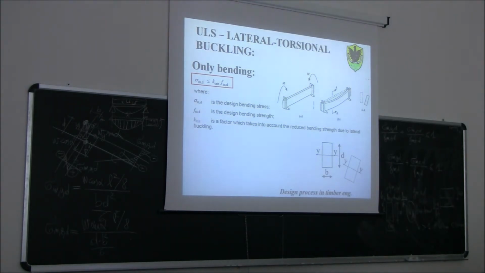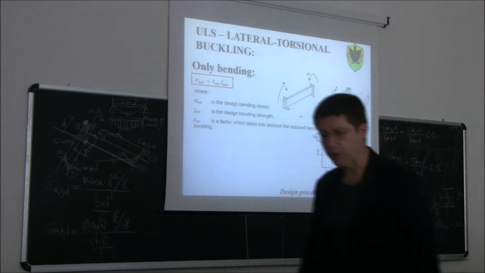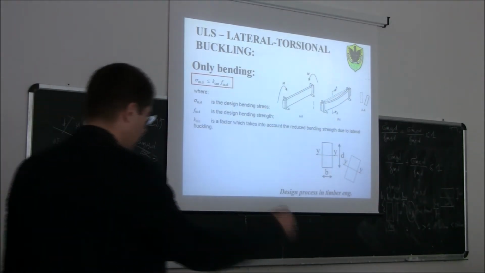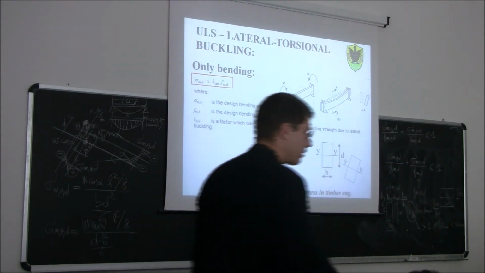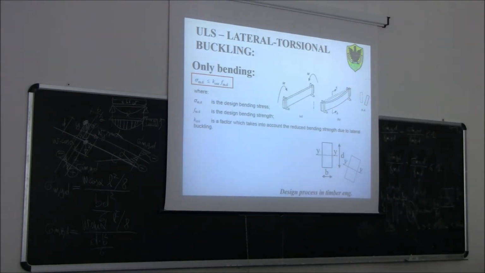Okay, so we said this is the problem called lateral torsional buckling. We will have to be very careful when we design timber about this problem. The basic theory will be studied, as I said before, in the course on stability bifurcation of structures, where you will write all the differential equations.